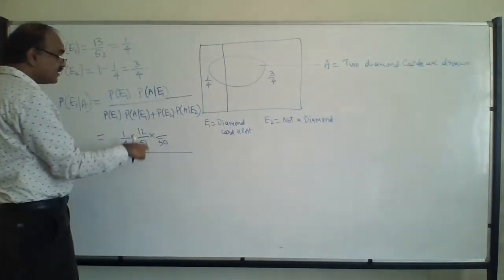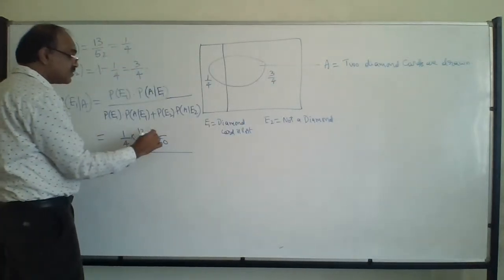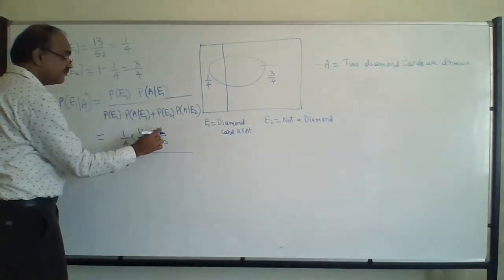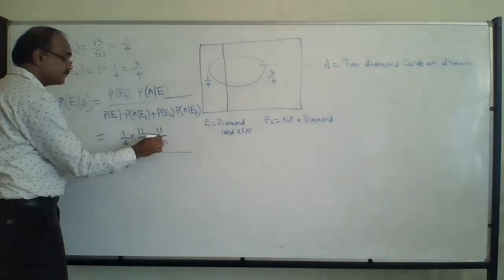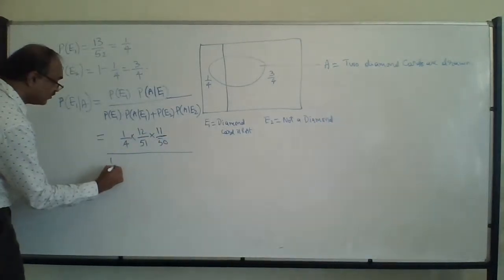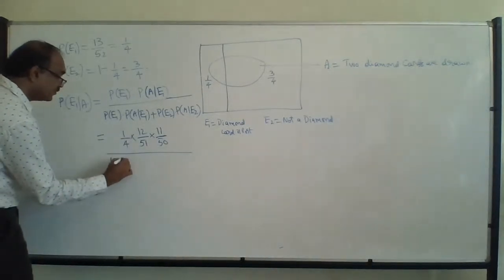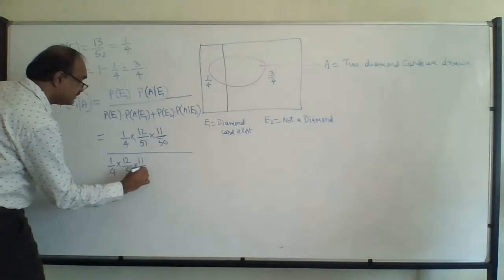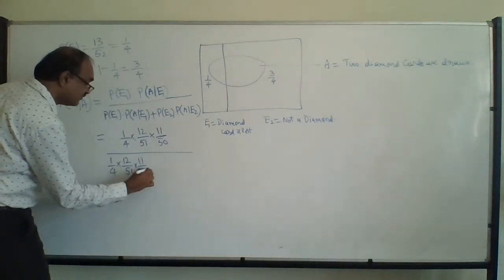For the first diamond card, it is 12 by 51. For the second diamond card, it is 11 by 50. Okay. Now here, same thing, you'll get 1 by 4 into 12 by 51 into 11 by 50.